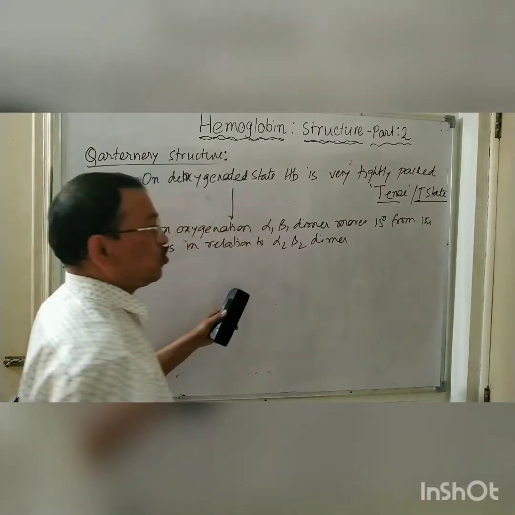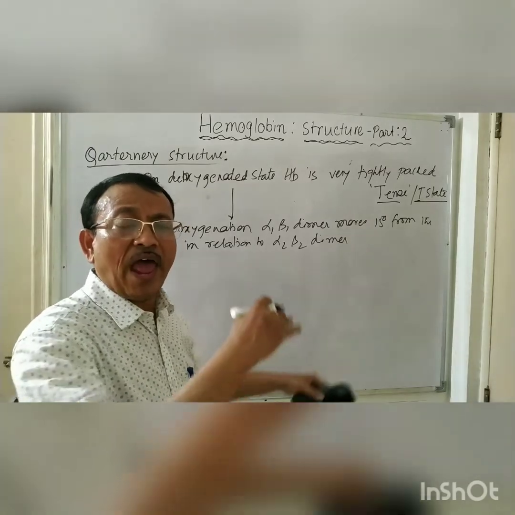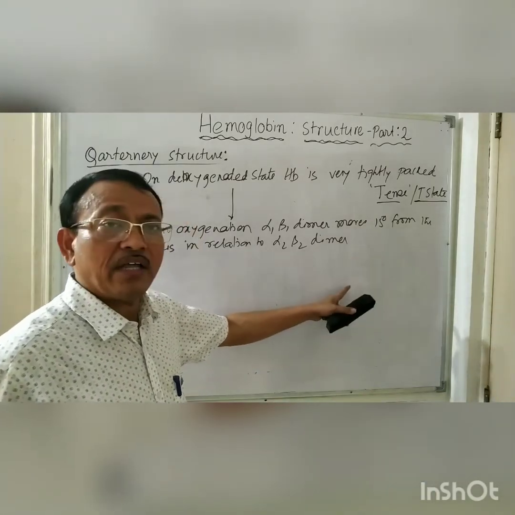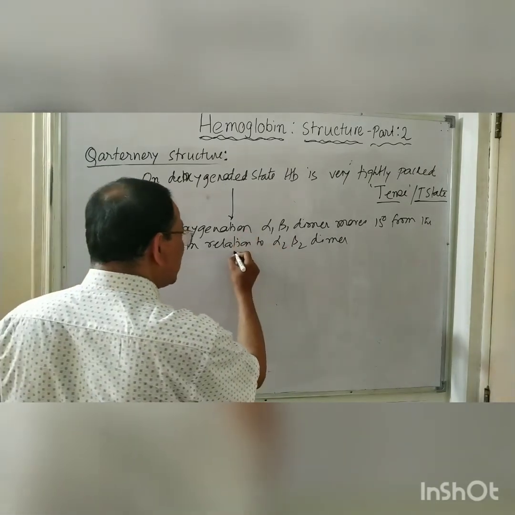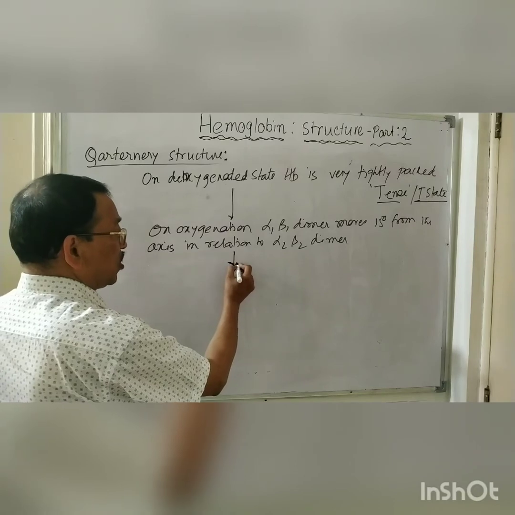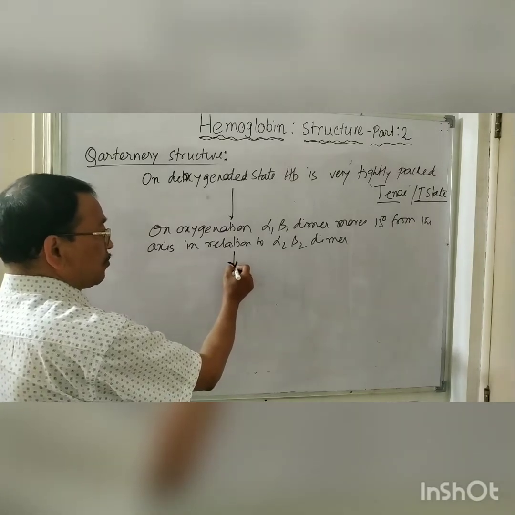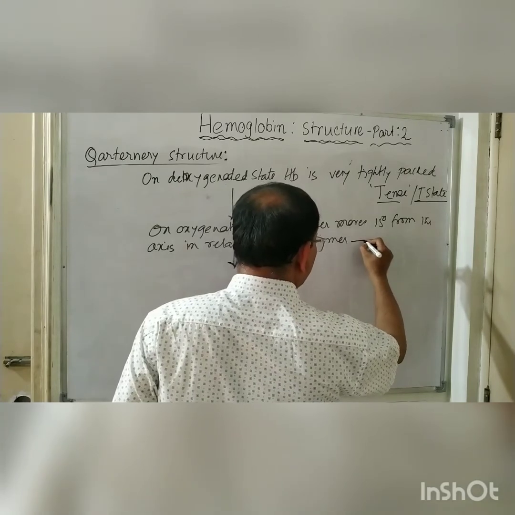In relation to alpha 2 beta 2 dimer, 15 degree movement is taking place from the axis. That diagram I already mentioned. Now because of this movement, what's happened?